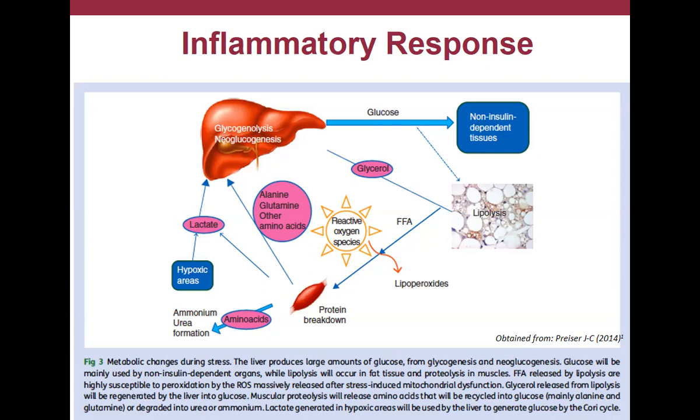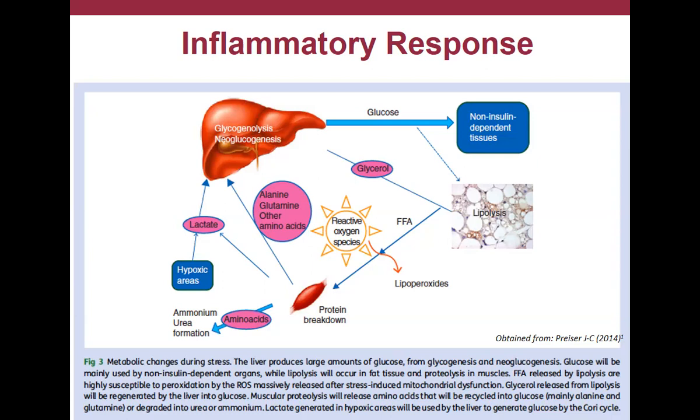If our patients come in and they're NPO for even just 24 hours, most of their glycogen stores are going to be depleted. That means the body is going to start demanding energy or glucose from other stores such as protein and fat, okay? And so we have that gluconeogenesis cycle happening.